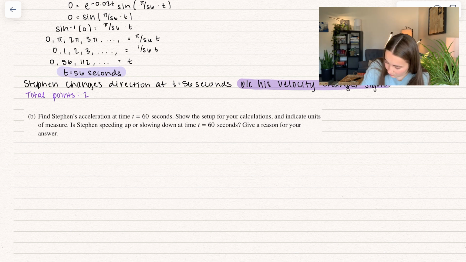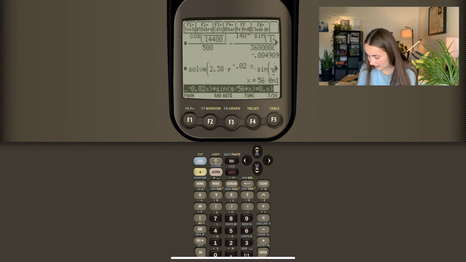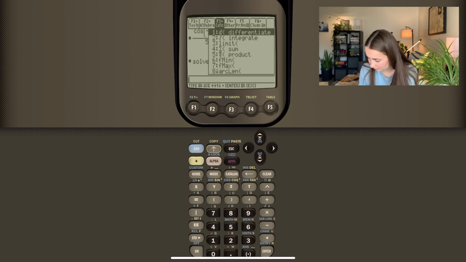So what we need to do is differentiate the velocity in order to get acceleration. And then what we need to do is plug in our value. So the value we're plugging in is 60. That's going to be the acceleration at 60. So let's go over to our handy dandy calculator, clear that. We're going to go ahead and differentiate. So we're going to go to calculus, differentiate, and we're going to type in our entire function.